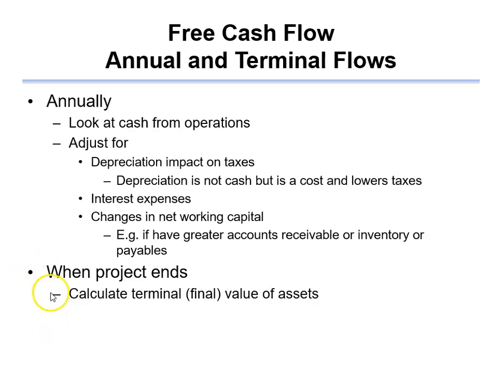Then when the project ends, we're going to have a terminal value of the assets. This is going to be in practice a little tricky. You've got to figure out when you're going to count the project as ending. How long are you going to calculate out your present value? How many periods? And at the end of the period, you want to include the value of your assets there.